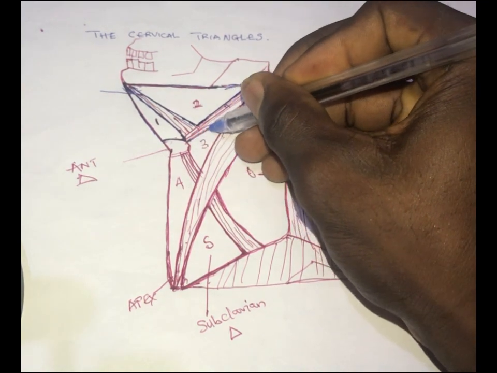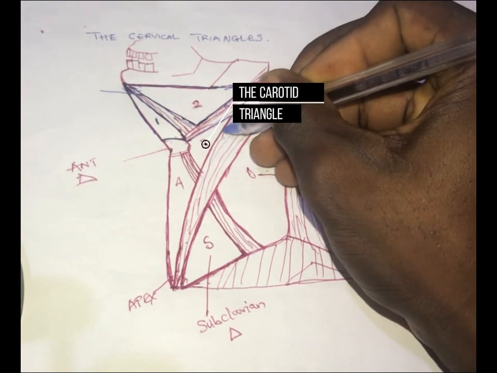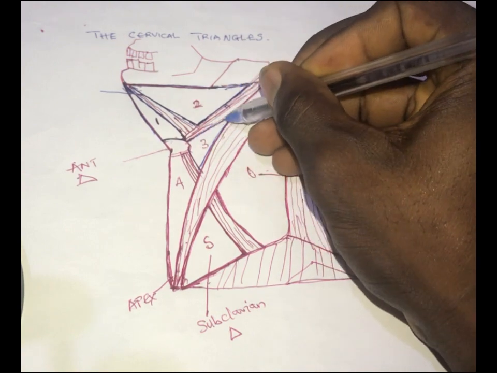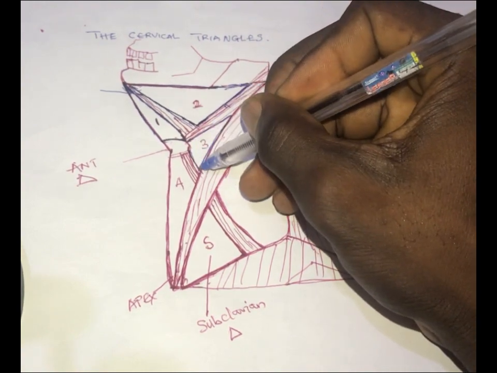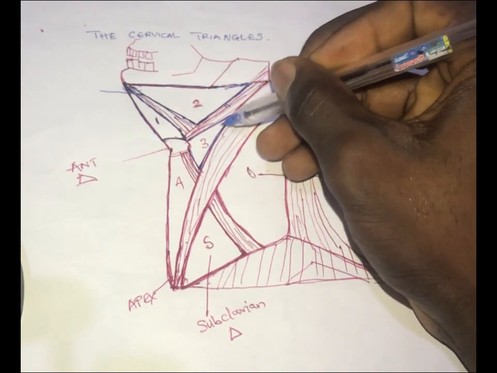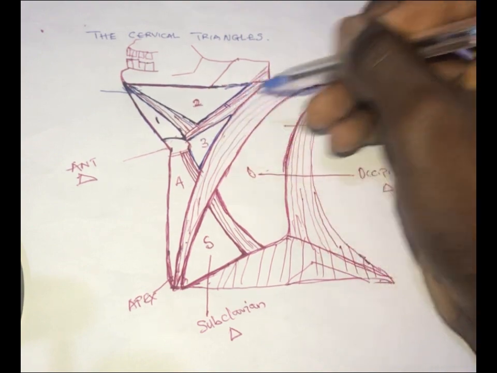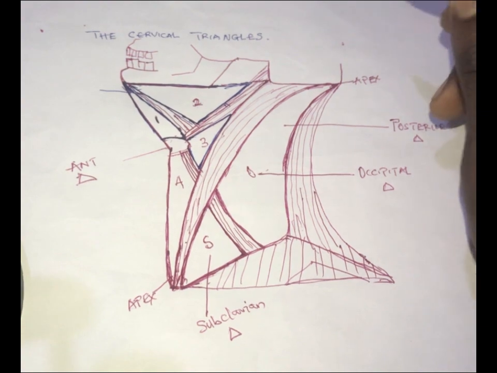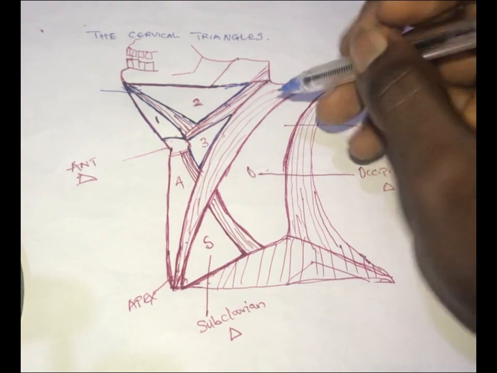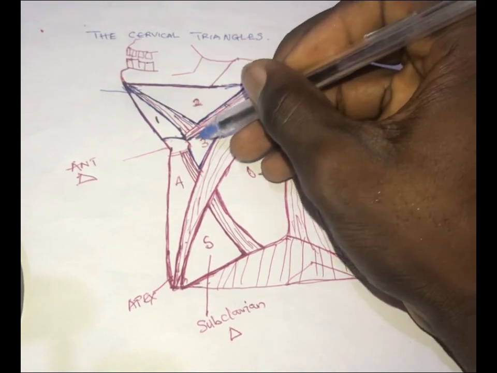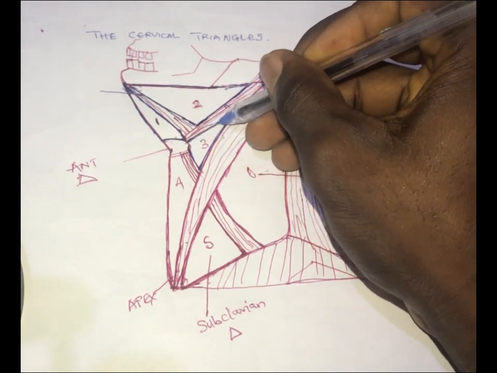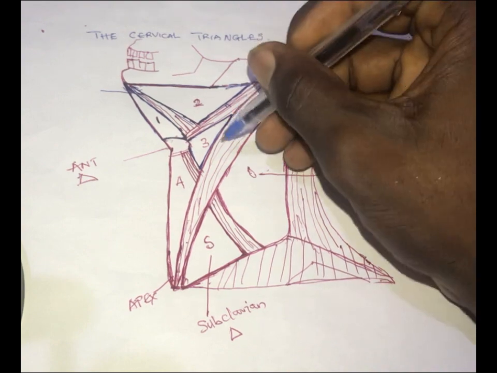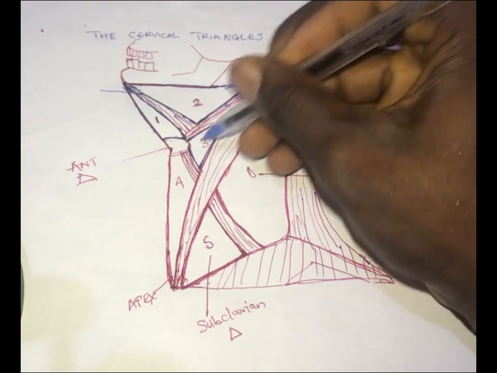The next triangle on the list is the carotid triangle. The carotid triangle is an important anatomical region in the neck. It is a crucial landmark for clinicians and surgeons due to the presence of major vascular and nervous structures in this region of the neck.